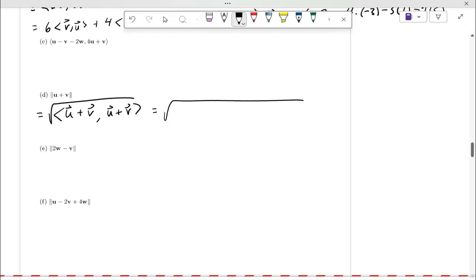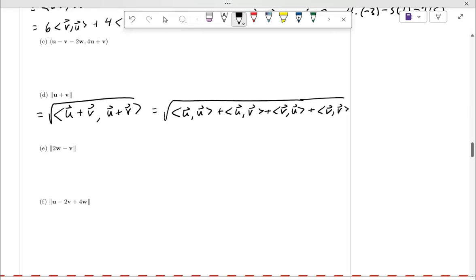Do you think we should do next? Distribute it again like we did in the previous one, right? This will be U inner product with itself. You'll get a U inner product with V. You'll get the reverse. And you'll get V inner product with itself.